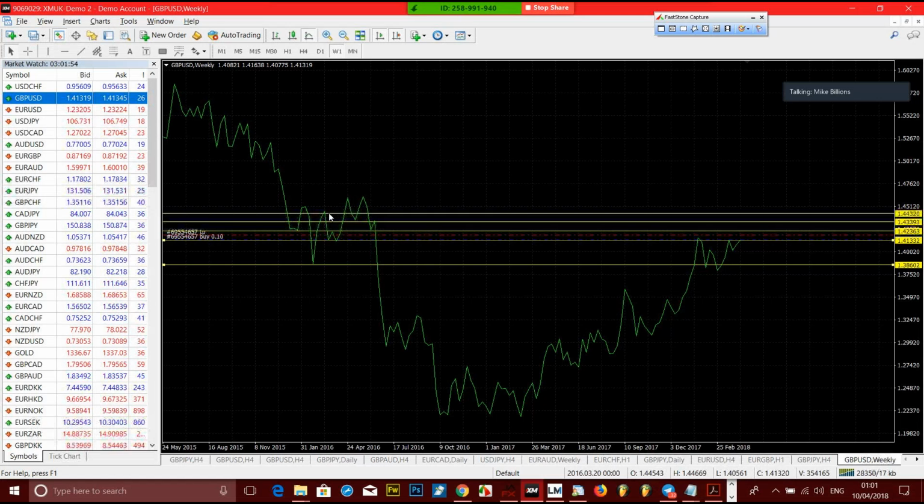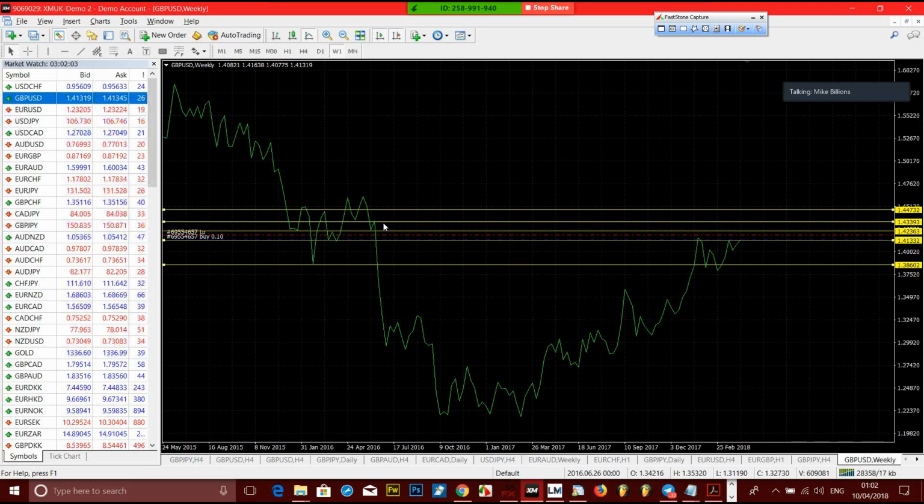So we all know how we do. We just look at things from the higher time frame. We look for areas where price had some break and retest, multiple touches, what have you. And we like to look at the line chart as well because it takes away the noise.